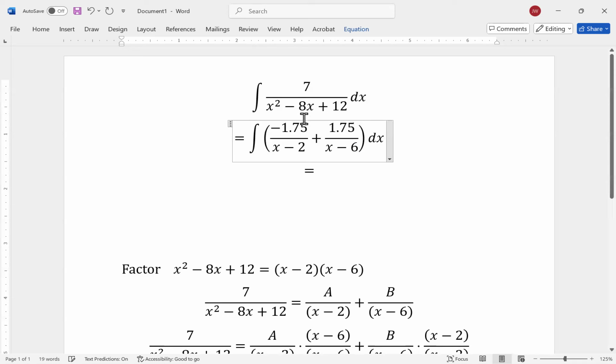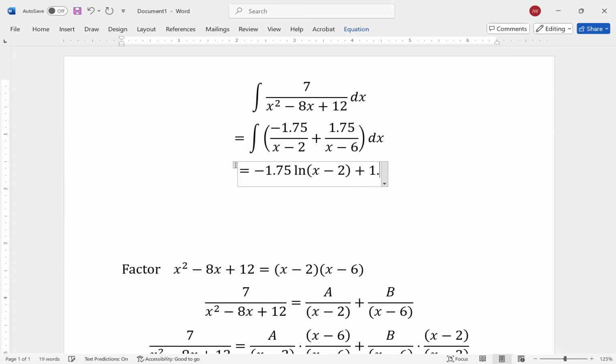So the expression that I have here, 7 over x squared minus 8x plus 12, is equal to this one. And this one is easy to integrate. I get negative 1.75 times the natural log of x minus 2. Then I divide by 1. That doesn't do anything.